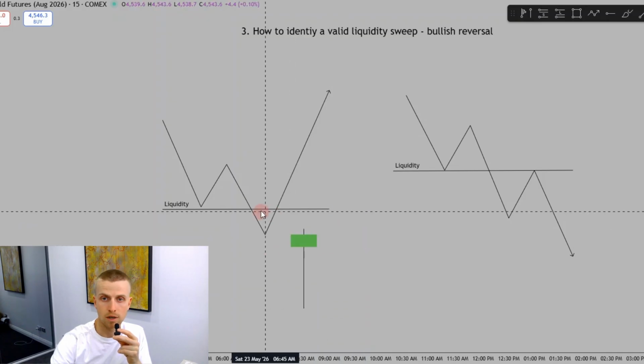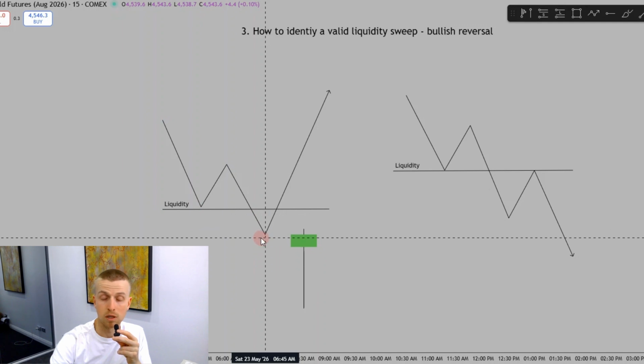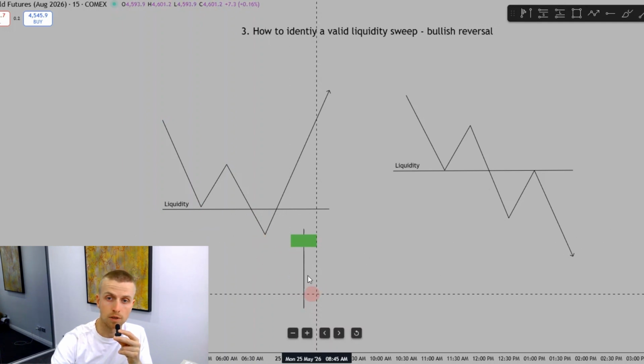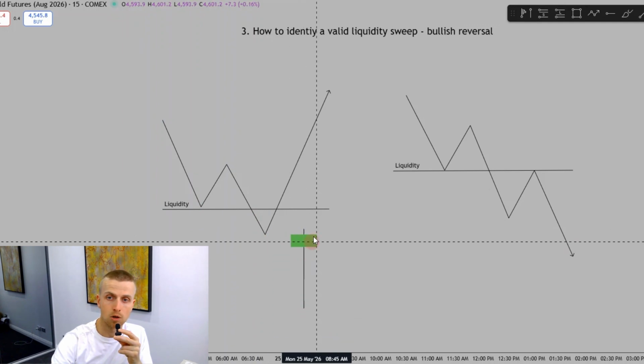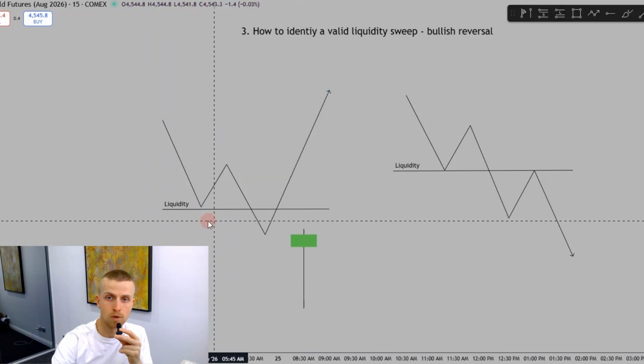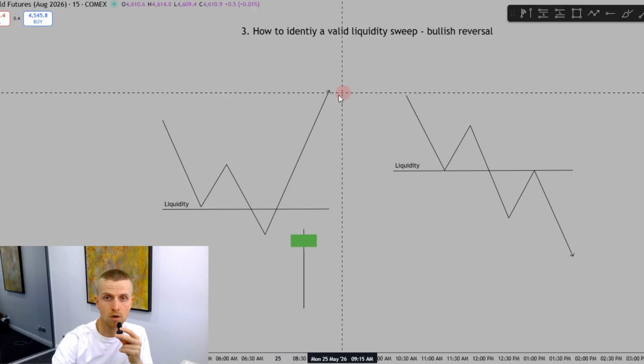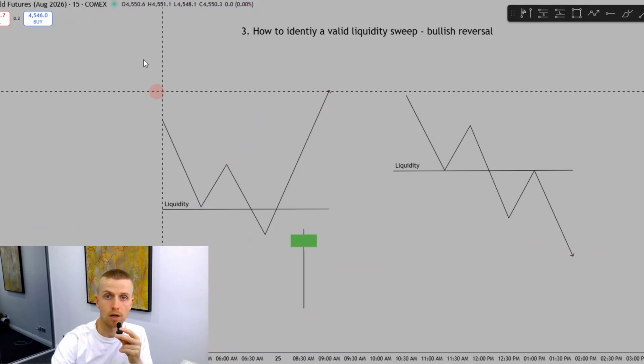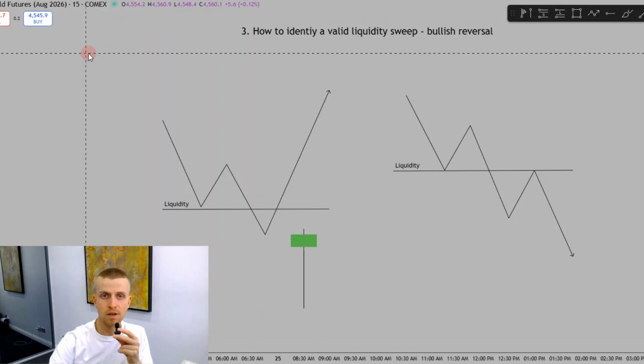So price has formed its bottom wick as we've swept all of the liquidity, creating this wick here, and then closes back above this low, ready to attack all of these lower highs that we created on that downtrend.